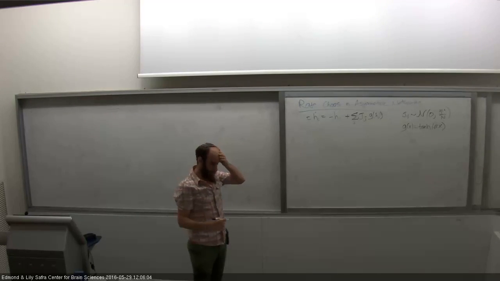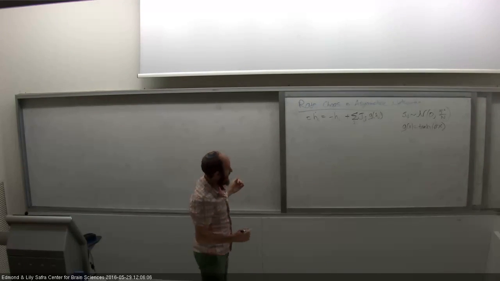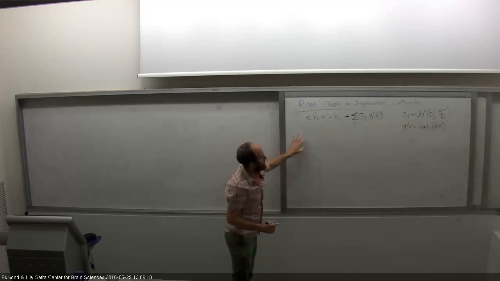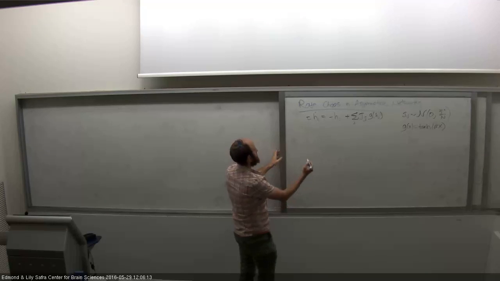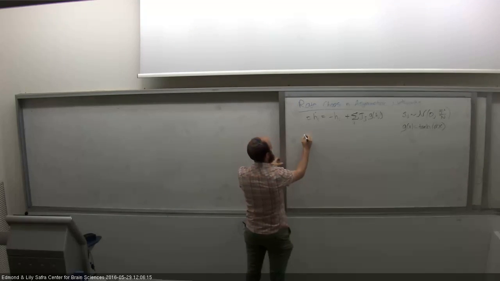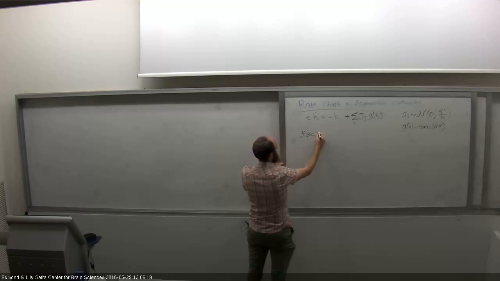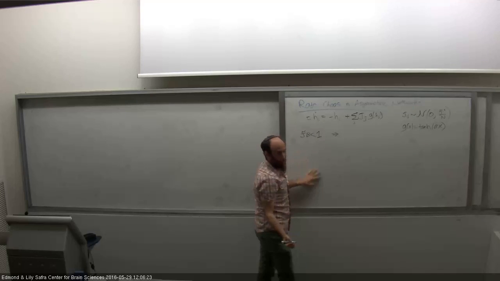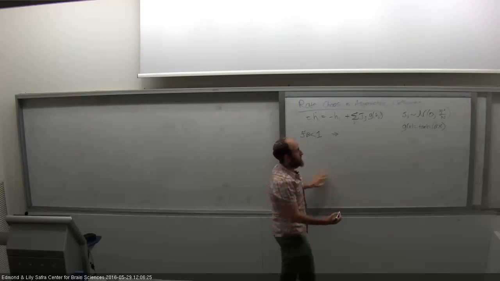Okay? And what we saw previously was that for J tilde beta smaller than 1, we have a stable fixed point at 0.